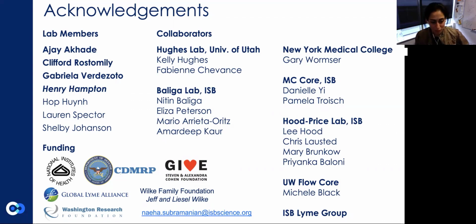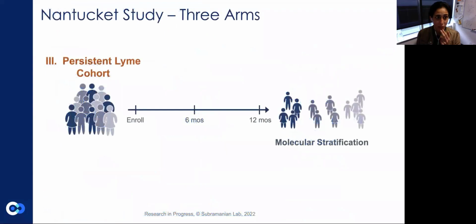And so it is interesting, and certainly a great hypothesis, that we may see this persistent signature in chronic Lyme disease. We call it persistent Lyme because the word chronic is riddled with so many controversies in the field of Lyme disease.